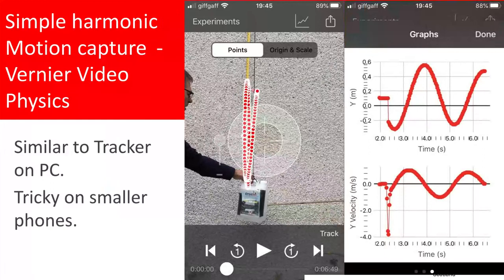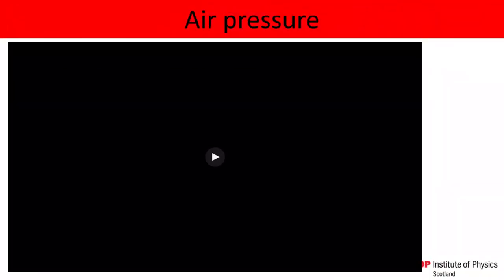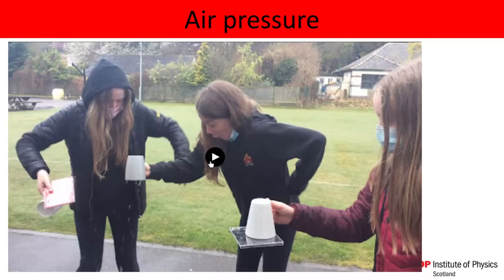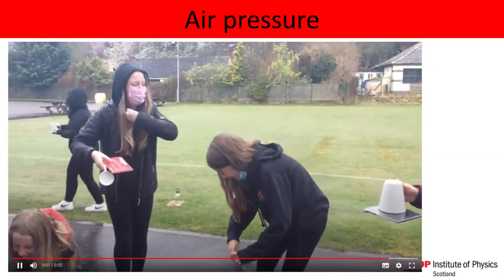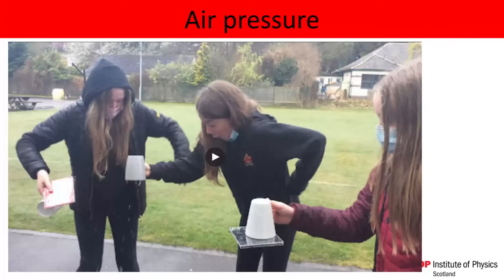Going back to using video capture, linear video can be used for damped simple harmonic motion really well. It works really well on iPads, but not so good on smaller phones. Using a CD case and a mug or cup to demonstrate air pressure is great fun, where the mug contains water. You turn the thing upside down.